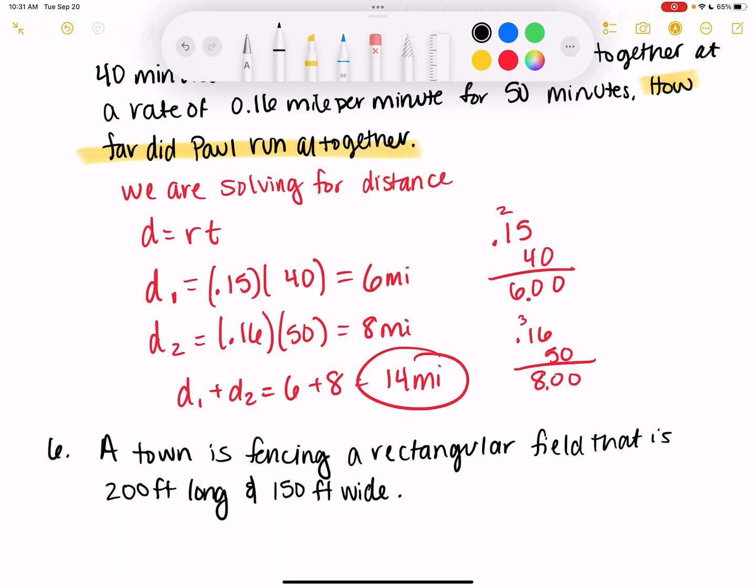At $10 per foot, how much will it cost to fence the field?